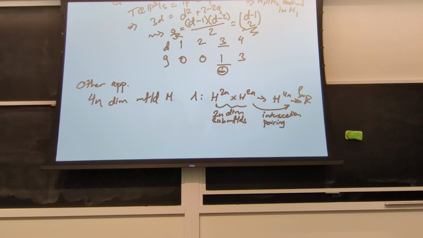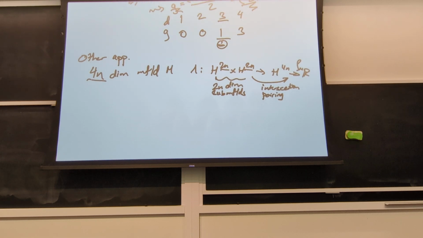And so why 4n? Obviously you need something even dimensional so that you have the same exponent up here. But when you have 4n, then if you take omega wedge eta, you're going to get eta wedge omega, because you multiply by minus 1 to the power of 2n squared.